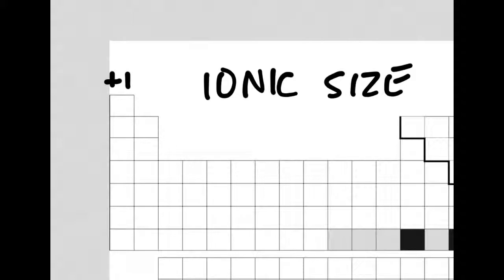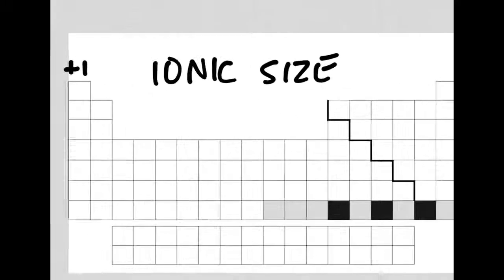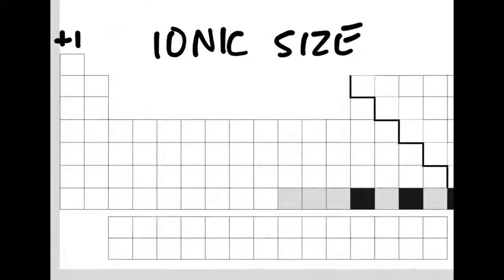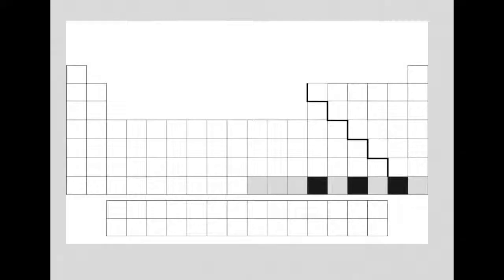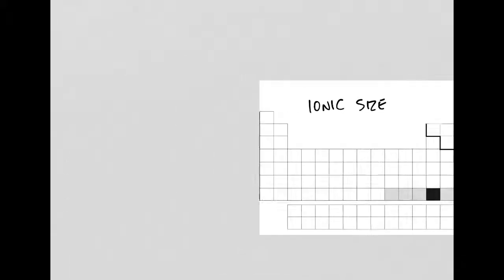I'm going to try to import another periodic table because I can't get this one to be any bigger than this. So hold on just a second. All right. Not sure this is going to work, but we'll see. So, oh yes, it's better. Ionic size.